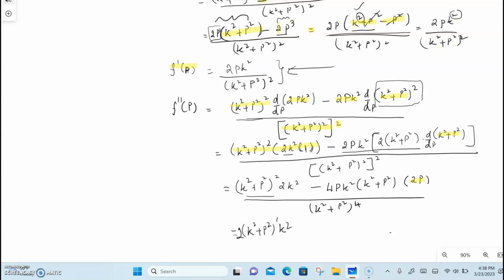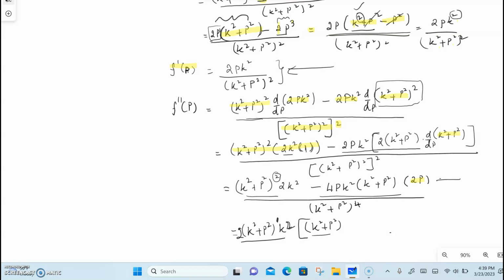So we're looking at these two terms and trying to figure out the common factor. Now, factoring out the given term, we're left with k squared plus p squared. Because it was k squared plus p squared the whole squared, one of the k squared plus p squareds is factored out, a k squared is factored out, a 2 is factored out, and this is all we are left with.